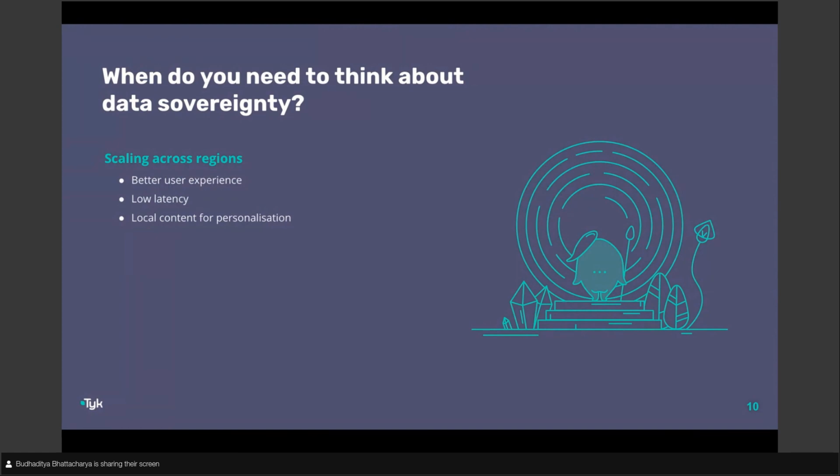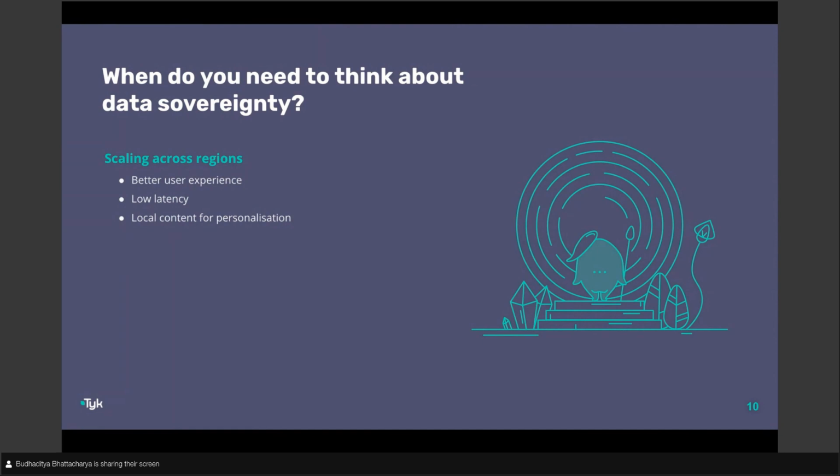There could be a few different reasons for scaling across regions, one of which is for better user experience. This further goes into low latency. With better user experience, you can provide a little bit more of a localized experience for people, whether that is different kinds of content that needs to go in, or just the speed at which things are being delivered. That's where you have your user experience, your low latency, as well as personalization.